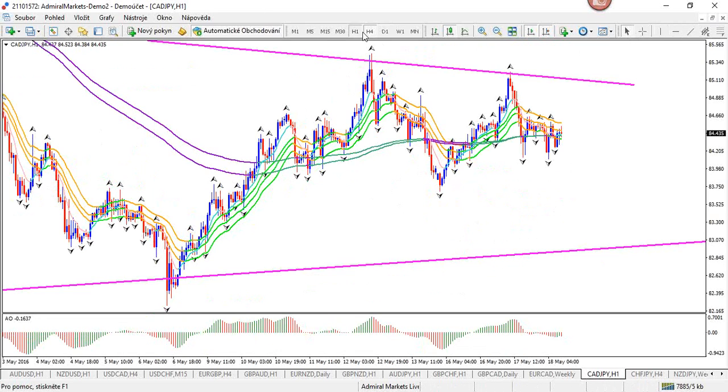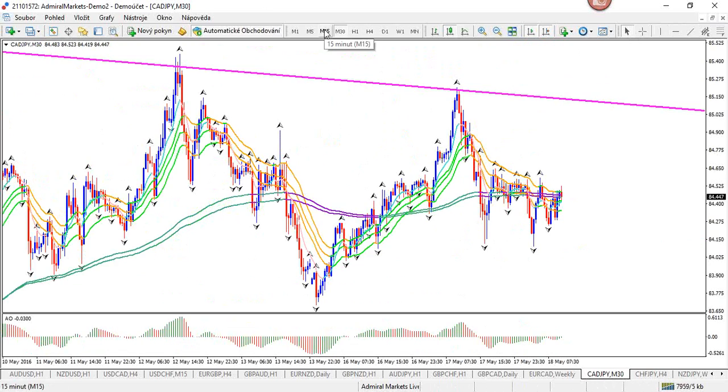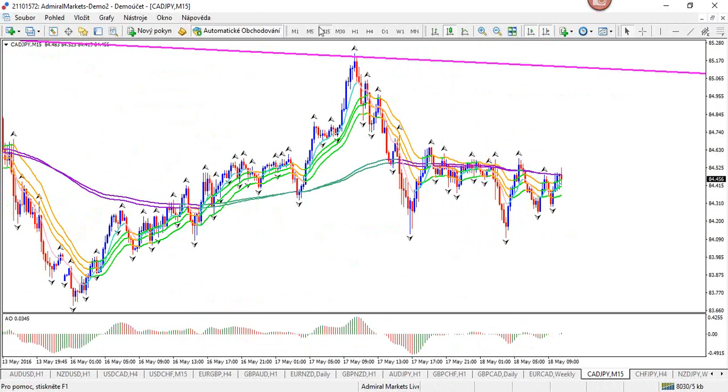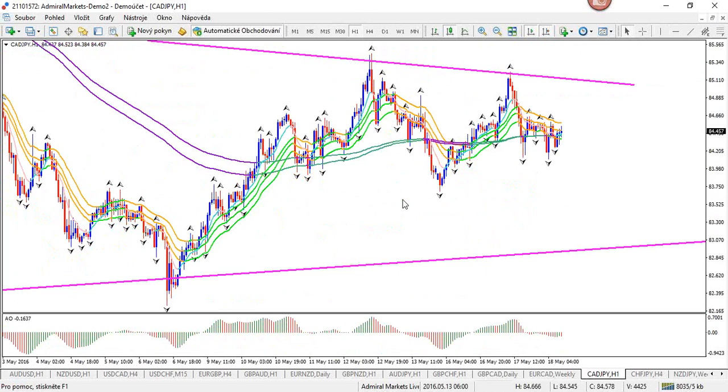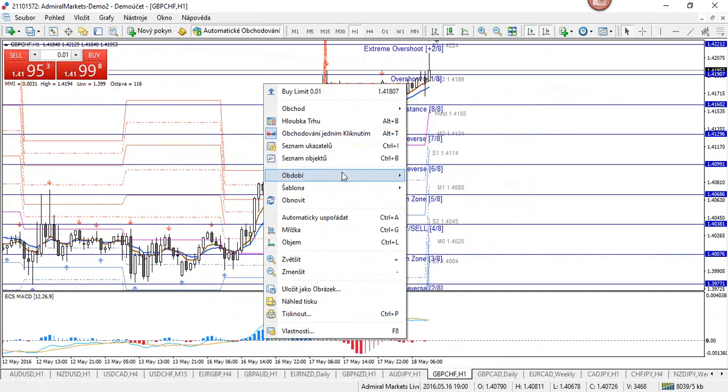No. Otherwise, I don't personally see much, but maybe I'm missing something. But let's take a look at maybe a different pair here.